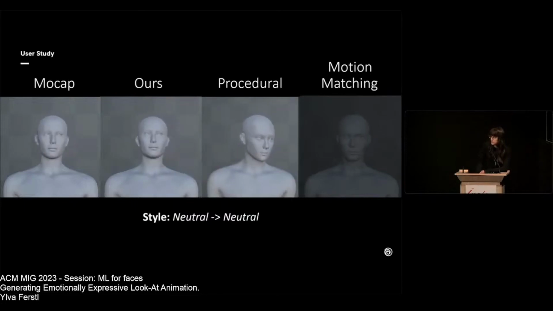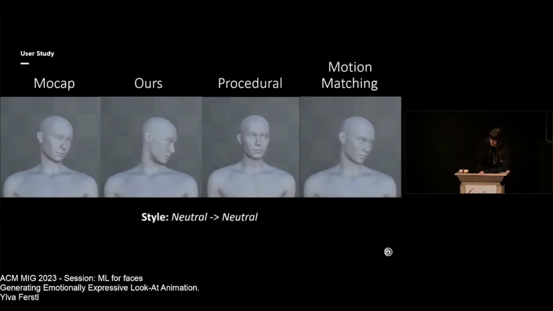Thirdly, we had a simple procedural baseline that served as a low bar for comparison, so expected to be the lowest. And then fourthly, we had a motion matching condition that used a custom implementation of motion matching that used some information about the style, the average velocity information for each style, which means it contained some style information, but came at a high memory cost compared to a neural network, because it had to store all the animation sequences.